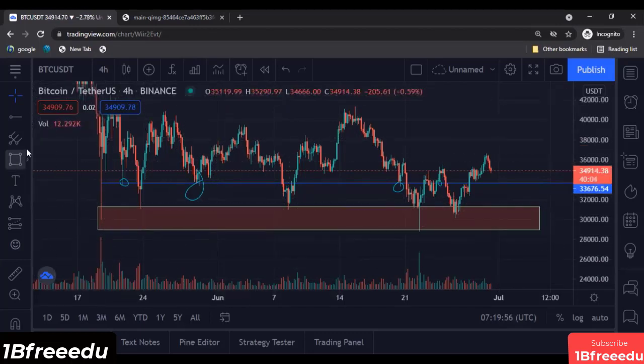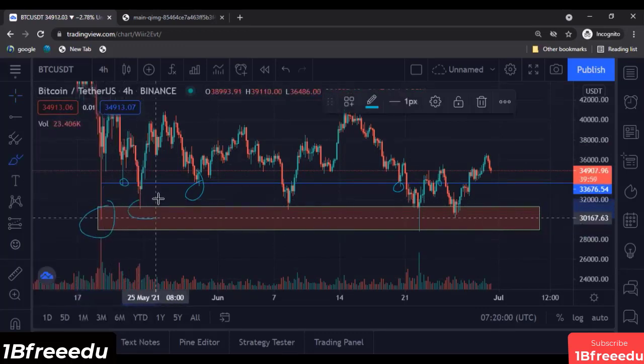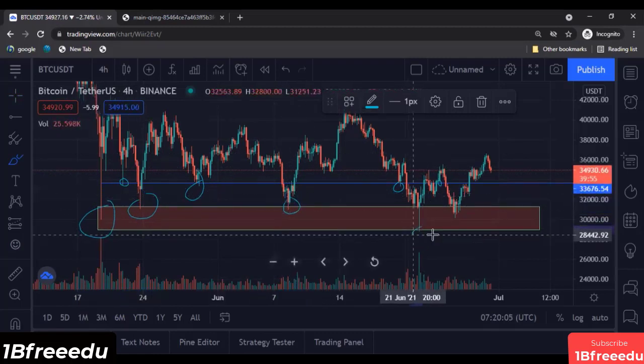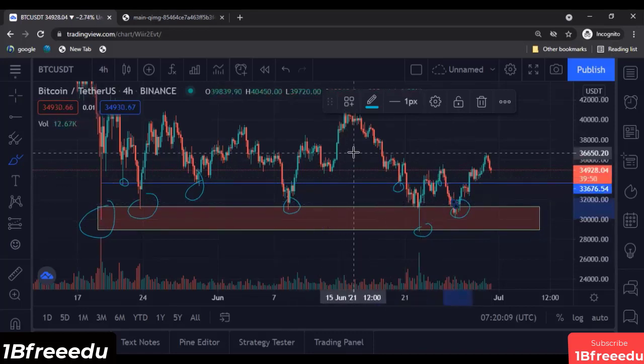For example, like this, and from here as well, from here as well, and from here as well. So this can be called the support region.